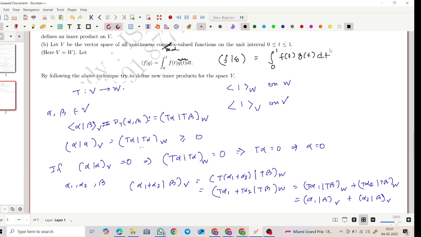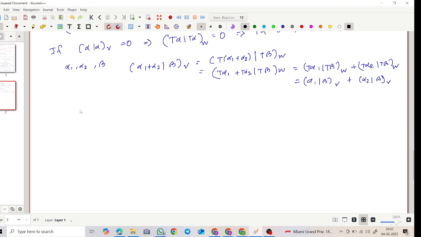The vector space taken here is V equals C[0,1], that is, the set of all continuous functions from [0,1] to R.